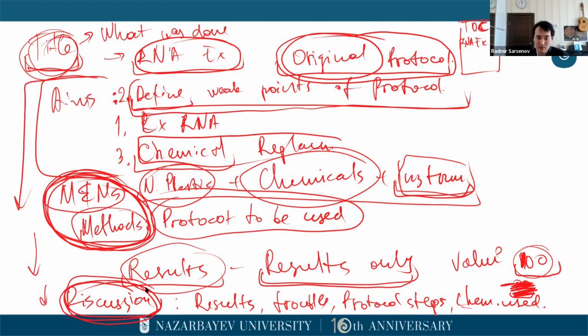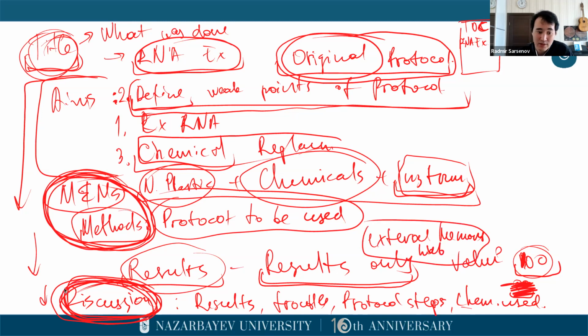So you keep it in the same section, and all your thoughts, of course, you will forget the conclusions that you made based on results or methods in one day. But if you have them in the discussion, this is again an external memory hub. Since you have this external memory hub, keep it organized. Otherwise, why keep it external, right? So everything that is related to discussing results, troubles, protocols, chemicals, aims, etc., is in the discussion.